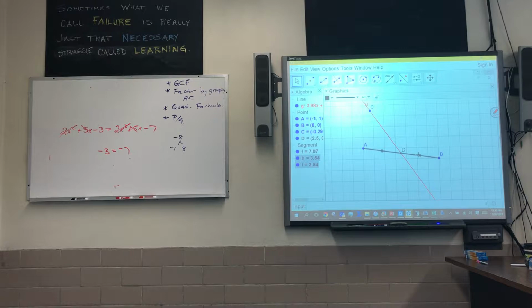Does that make sense? Because D was the midpoint, so those two segments have to be congruent. But then any line that passes through D is referred to as a bisector of line AB. Is that okay with everybody?